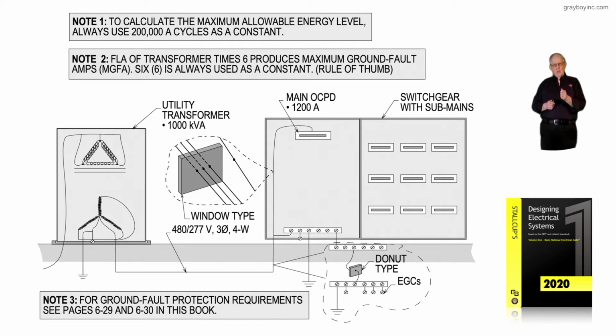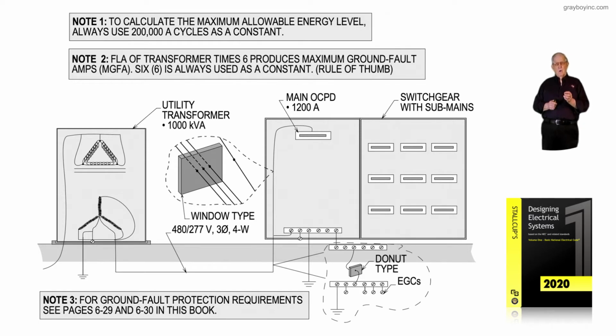And when you set your relay from 0 to 1200 amps, once your current exceeds the setting, it will open up the circuit and prevent 277/480 from just completely cutting the service all to pieces.